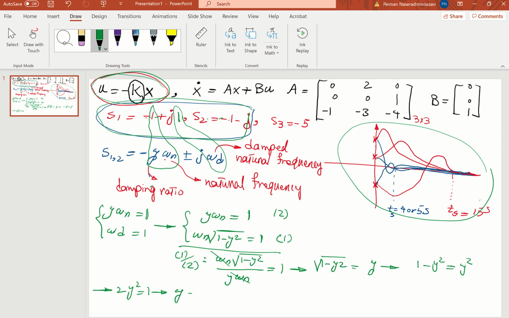So zeta is the root of 0.5, and the answer is going to be 0.7. Let me double check, I'm not God. Okay, I got it, zeta squared is 0.5.